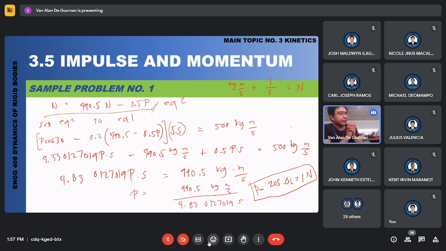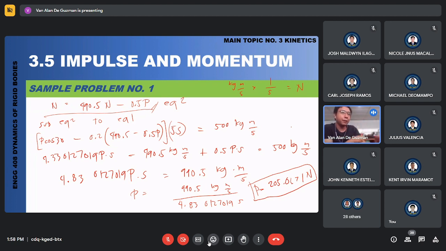So again, our sample problem 3.5, I think that's the file name. It comes with the latest modules I gave you for 3.5.1 and 3.5.2. So please solve that. You can use the solutions or general equation that we studied here.